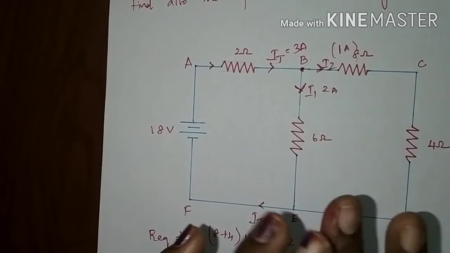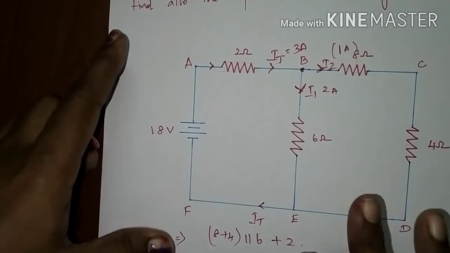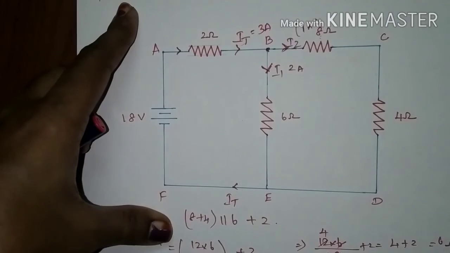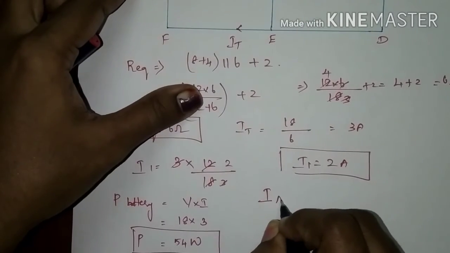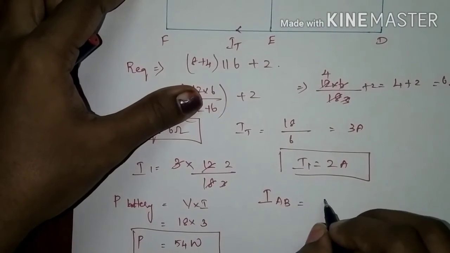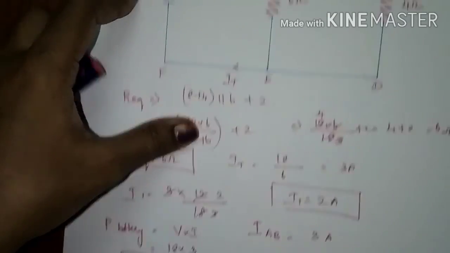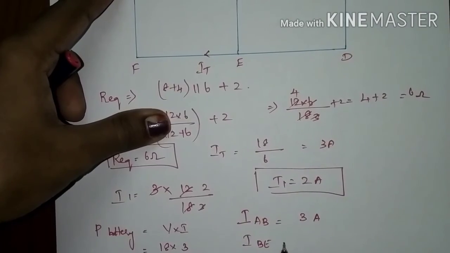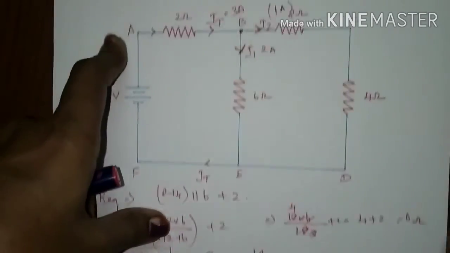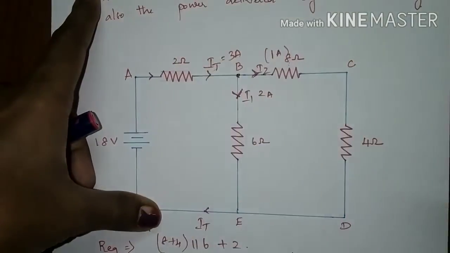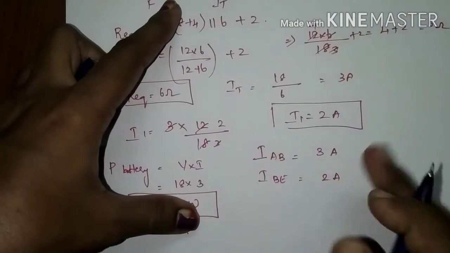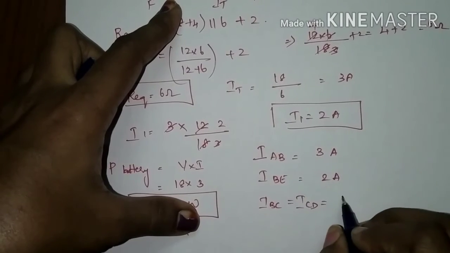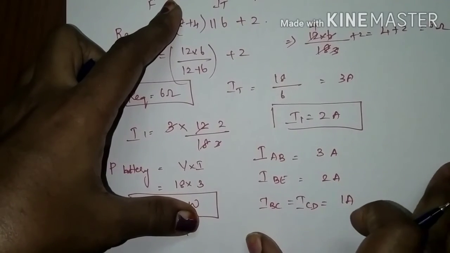They have also asked for the separate branch currents, right? The current through branch AB, IAB, is 3 ampere, and the current through BE is 2 ampere, and the current through BC as well as CD are the same, 1 ampere.